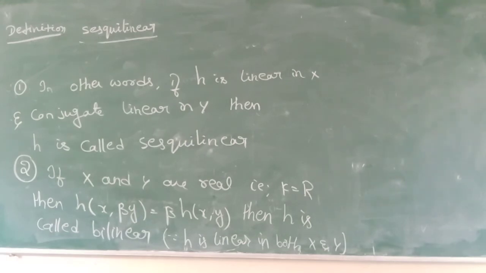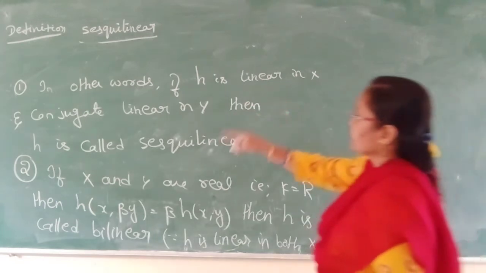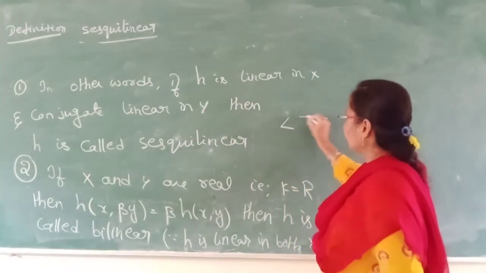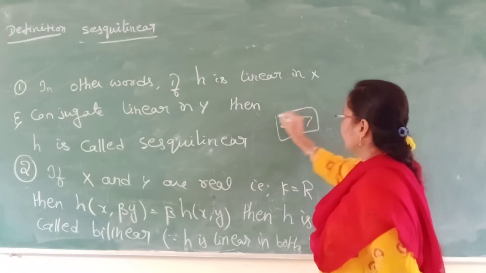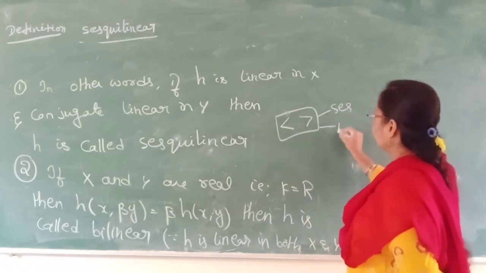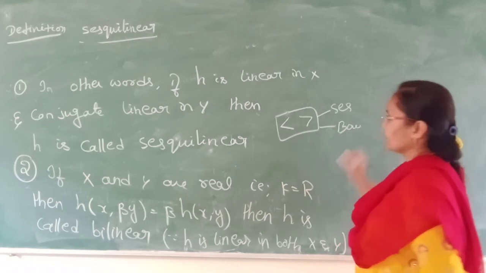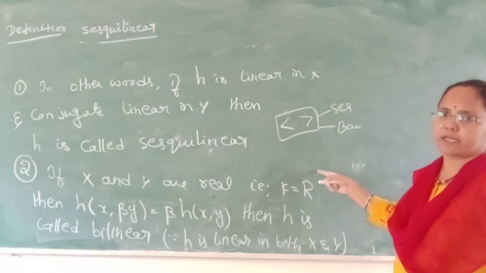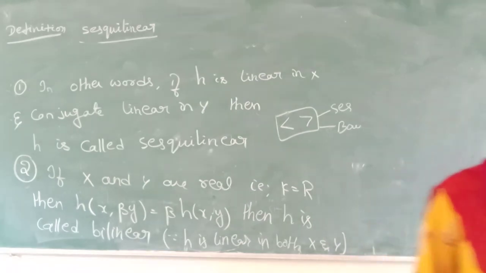Inner product is sesquilinear and bounded. Meaning to say, inner product satisfies the sesquilinear and bounded conditions. Sesquilinear is denoted with H. In place of H, we are taking the inner product symbol. This inner product is clearly an example of sesquilinear and bounded also. How can we say that it is sesquilinear? Does it satisfy all the properties or not? I will explain that.